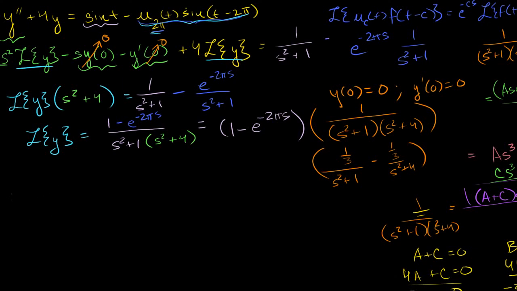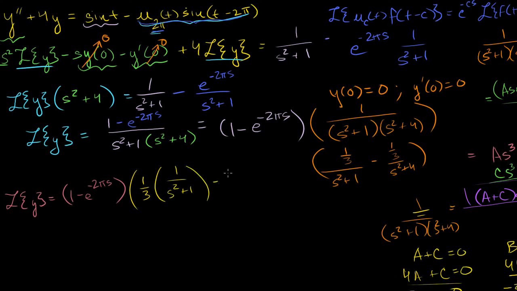Let's see. So you get the Laplace transform of y is equal to 1 minus e to the minus 2 pi s times what that mess that we just solved for. Times, and I'll write it like this, 1/3 times 1 over s squared plus 1 minus 1/3 times, actually, let me write it this way, because I have this s squared plus 4.